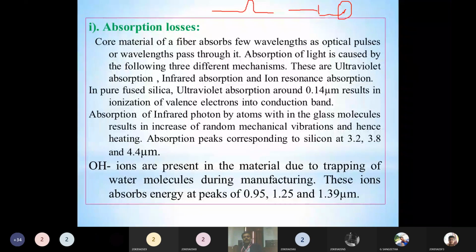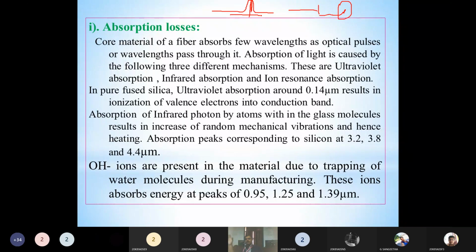At this frequency, the atom's vibration frequency and the incident ray frequency match, so absorption takes place. Understood? If you take any material, its atoms or molecules vibrate with certain frequencies, either rotational, vibrational, or electrical.